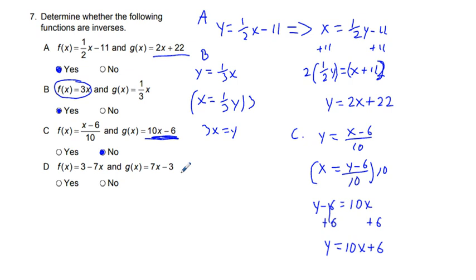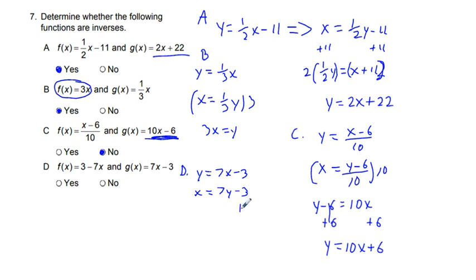And the last one, D, work below here, we're going to change this to y equals 7x minus 3. Take the inverse of this, x equals 7y minus 3.